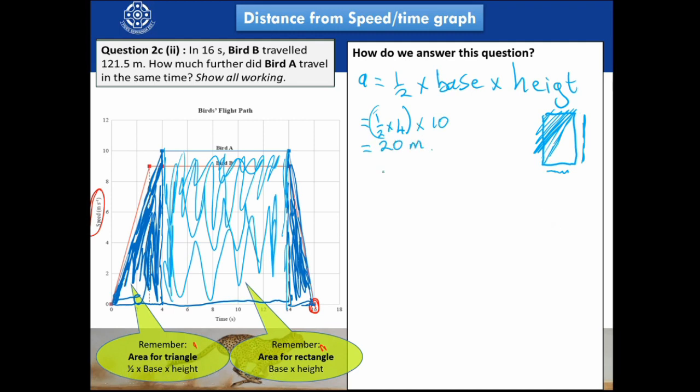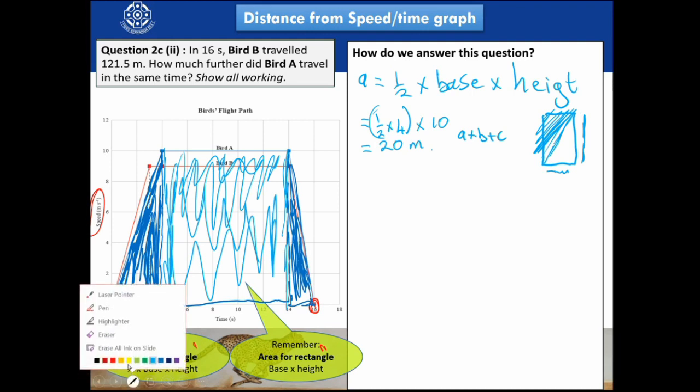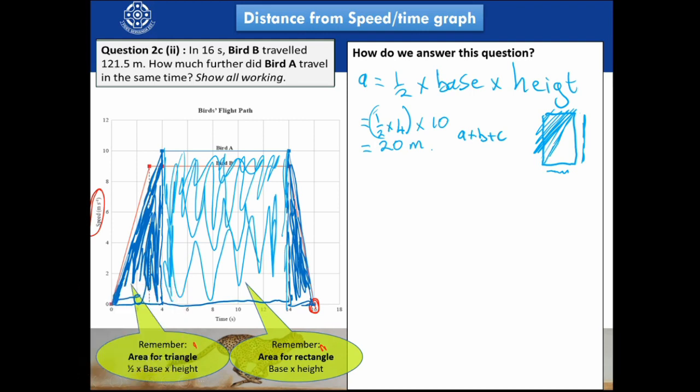That's for section A, but the total path that he flew was A plus B plus C. Now section B, not bird B, section B, we go for a rectangle, it is base times height. From 4 up to 14, and the height is still 10.